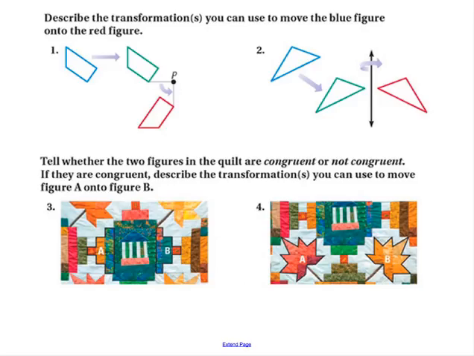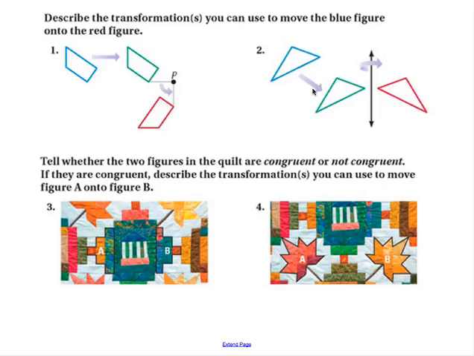It says describe the transformation or transformations you can use to move the blue figure onto the red figure. Well, one thing that looks like this is a translation to the right and then a rotation clockwise 90 degrees.